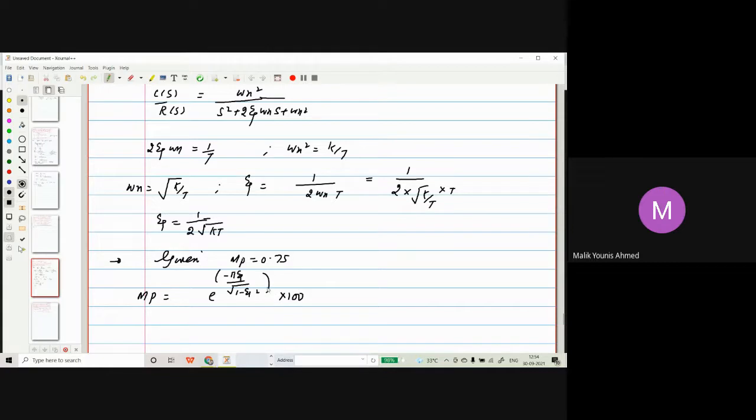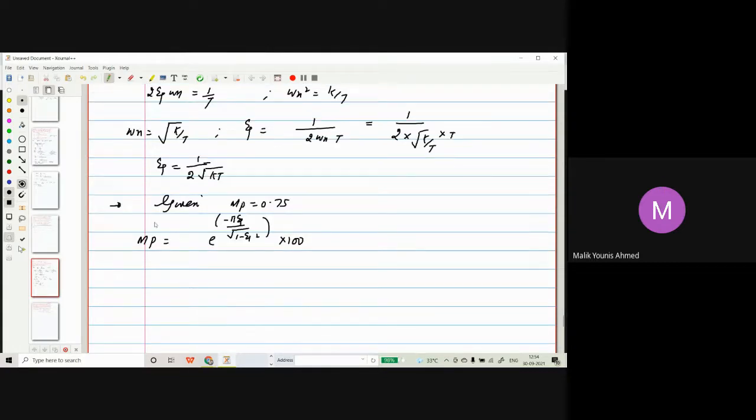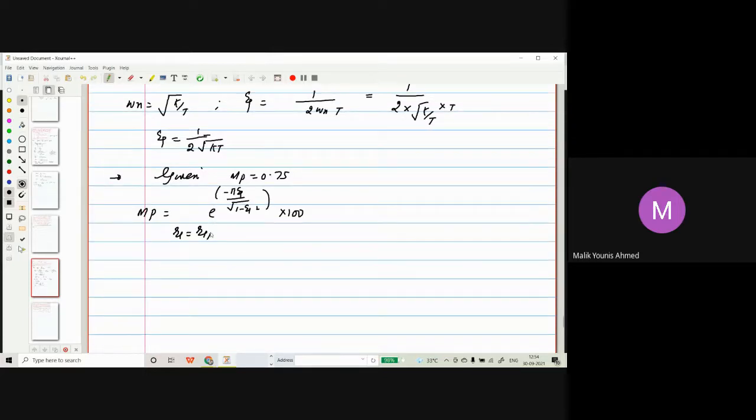We can substitute xi equal to xi1 because this is the first overshoot. We don't have to consider the percentage now, so 0.75 will be equal to e raised to the power minus pi xi1 divided by under root of 1 minus xi1 square.